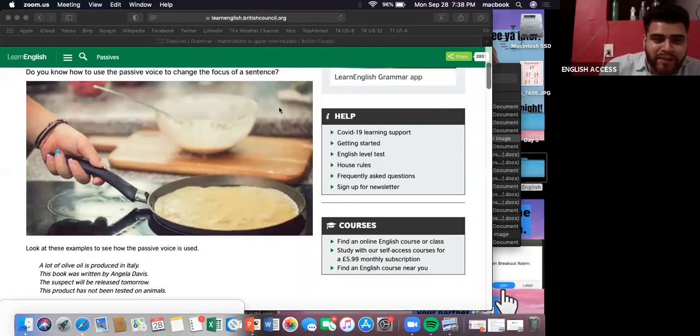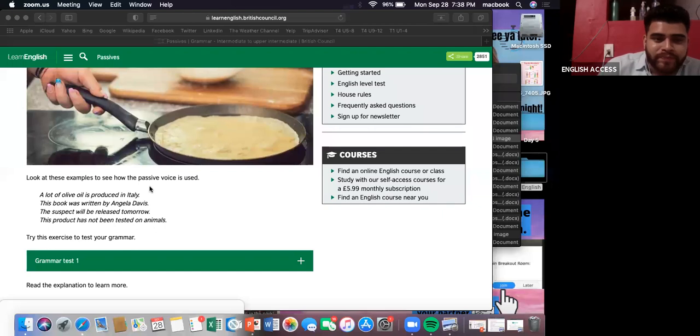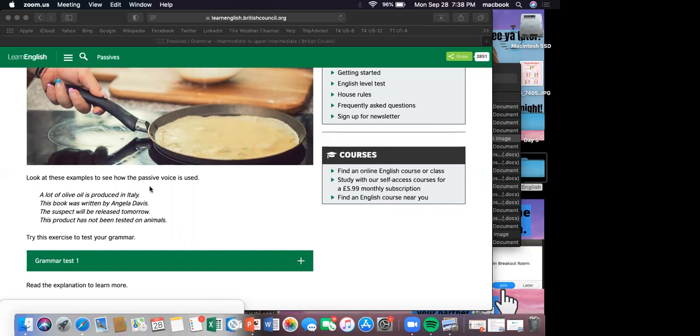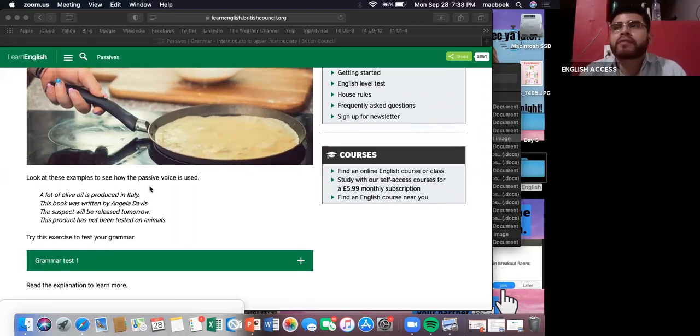Last week we practiced the passive voice, but why do we use the passive voice? Do you remember? To emphasize the action, or when the doer of it is not relevant. Okay, but why do we do that?